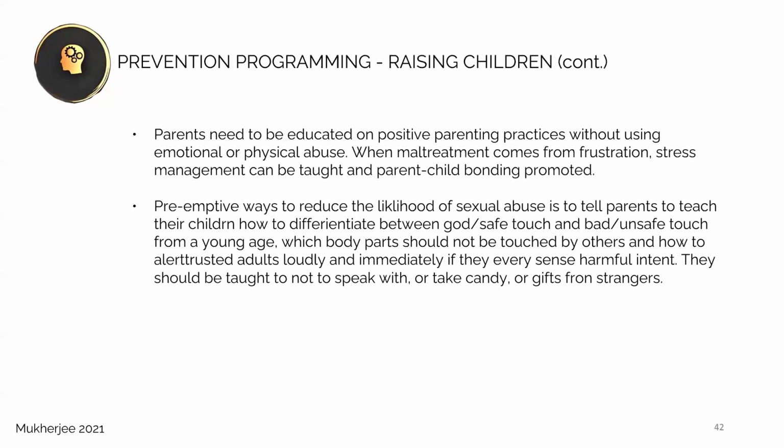Children have an awareness of harmful intent. Our bodies give us off signals. So it's about how we can teach our children to respond to those signals, and of course not to take candy or other gifts from strangers.